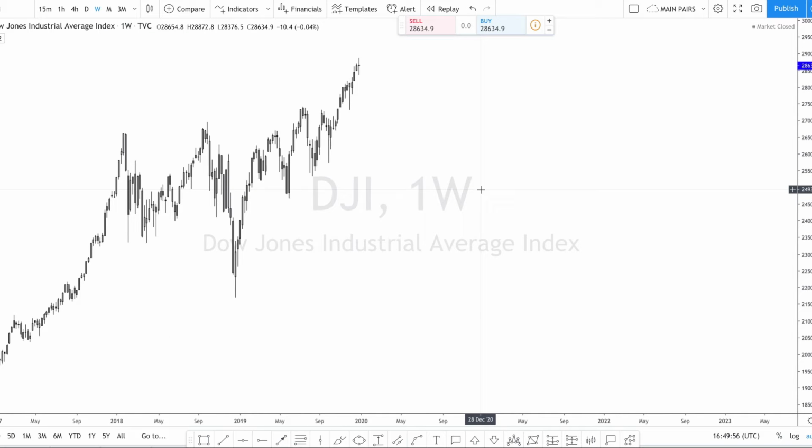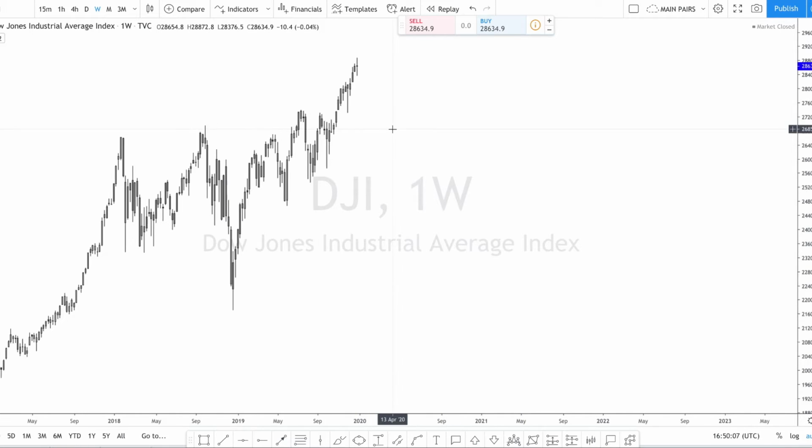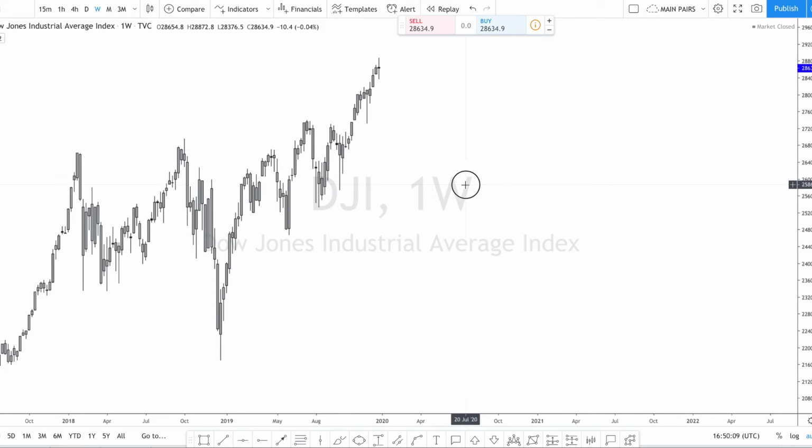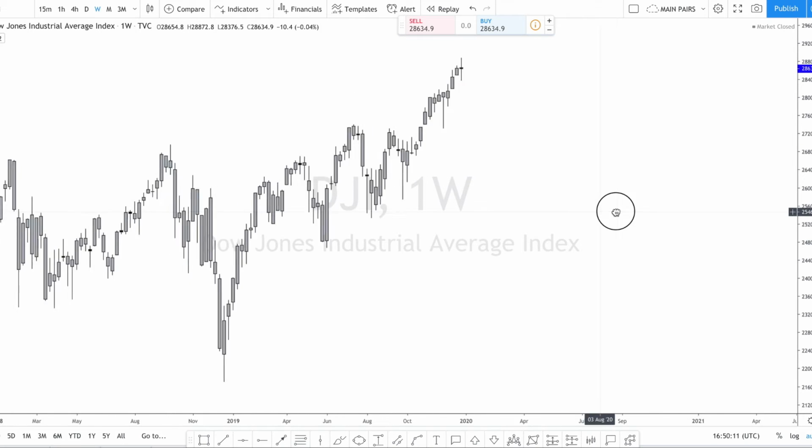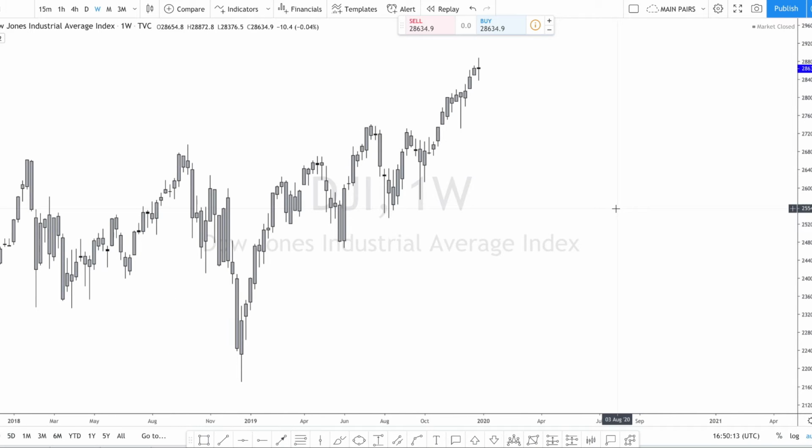So it's more risk on when the Dow Jones is going down, and more risk off if it's going up. The Dow differs slightly from the others because of the nature of the businesses comprised in the Dow.